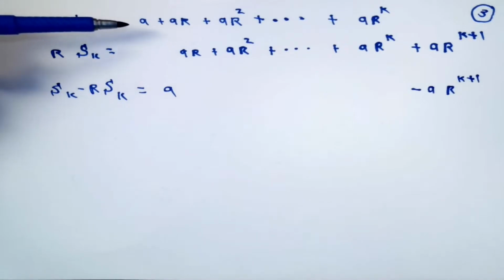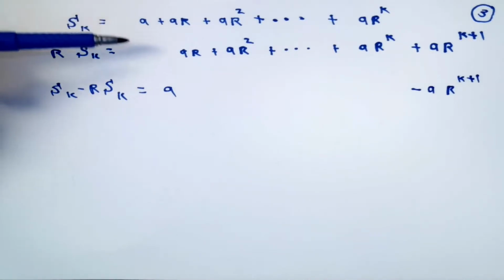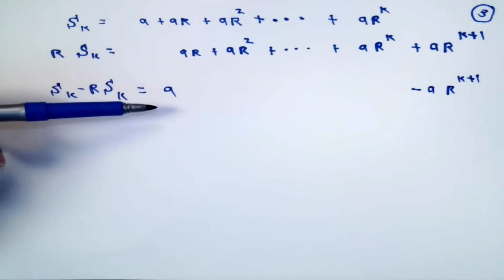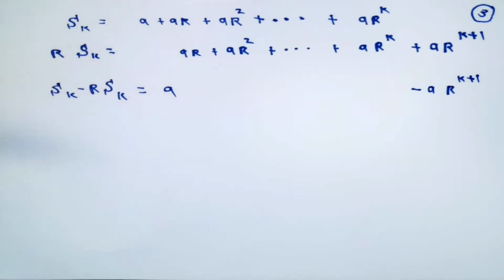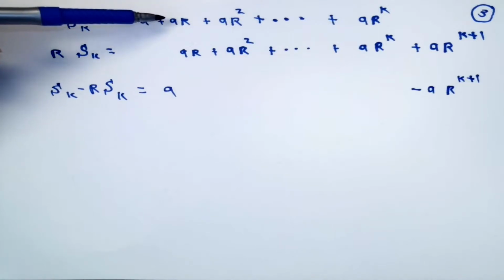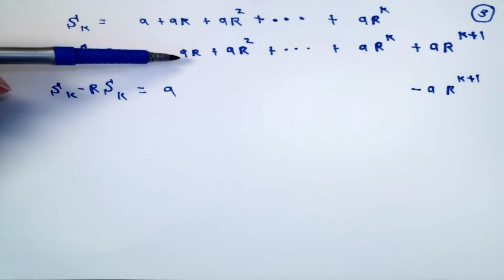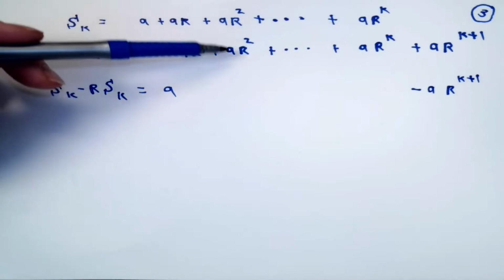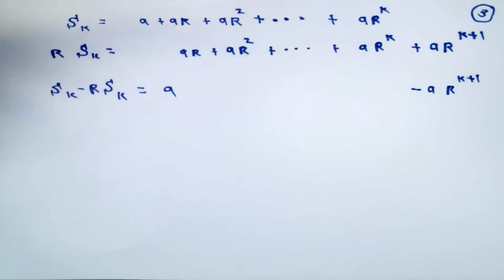In the first equation, there is an a. There is no a term in the second equation, so I'll just write down a again. The next term, ar minus ar, is 0. The next one after that is ar squared minus ar squared, so those cancel out as well.